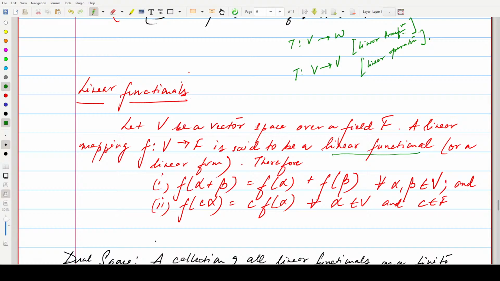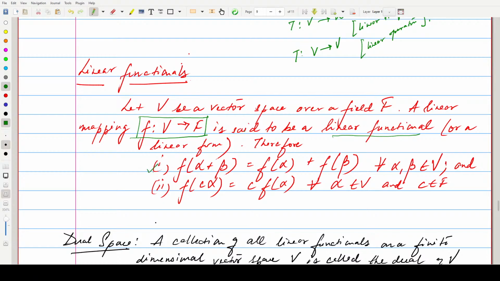So a linear functional, or a linear form, is supposed to map from V to F. We have a couple of vectors, and that essentially transforms to a scalar.